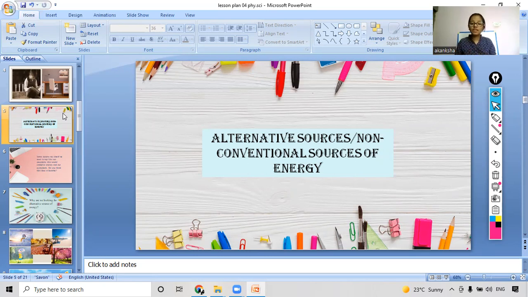This will lead to energy depletion, and the sources of energy that deplete will be known as non-conventional sources of energy. Are you clear now what we mean by non-conventional sources of energy? Very good.